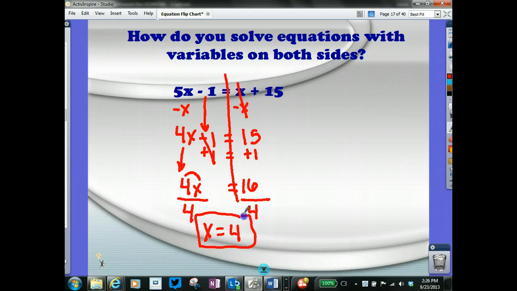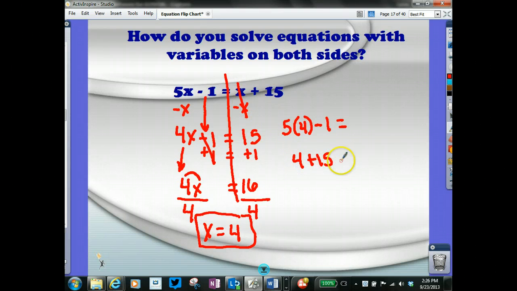Now, what I can do to check my answer is take that 4 and substitute it back in for the x. For example, I say 4 minus 1 equals, and then on the other side I take this x, put in a 4 plus 15.